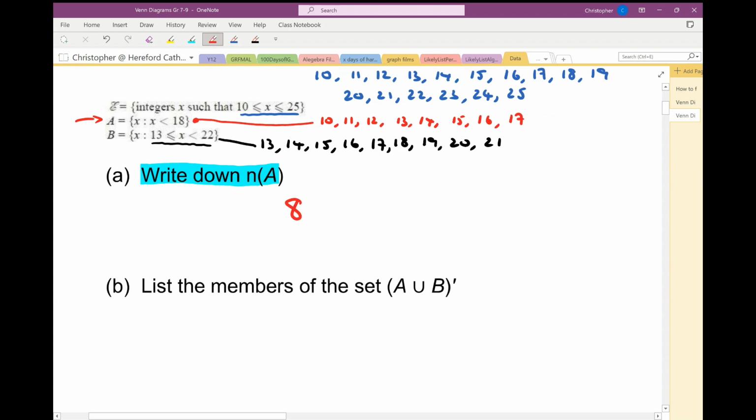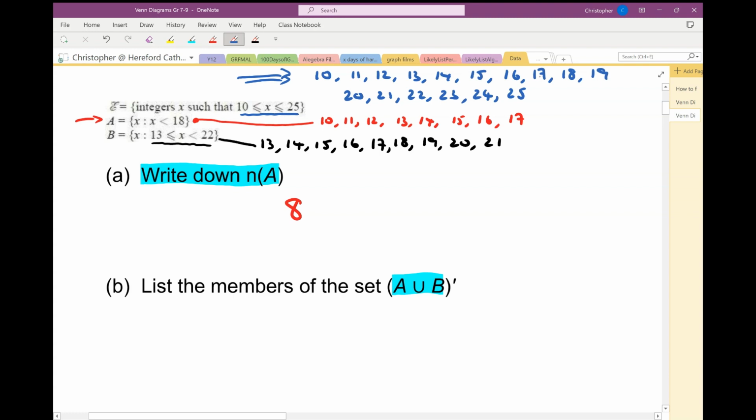List the members of the set not A union B. So all of those which are not in A or B. I'm going to look at this blue list, and write down any of those blue numbers which are not in A or B. If they're in A or B, I'm not writing them down. 10 is in A or B, 11 is, 12 is, 13 is, 14 is, 15 is, 16 is, and 17 is.